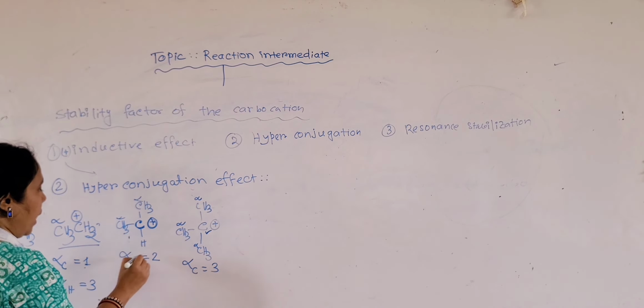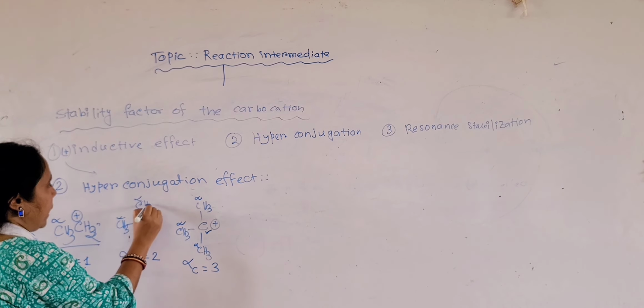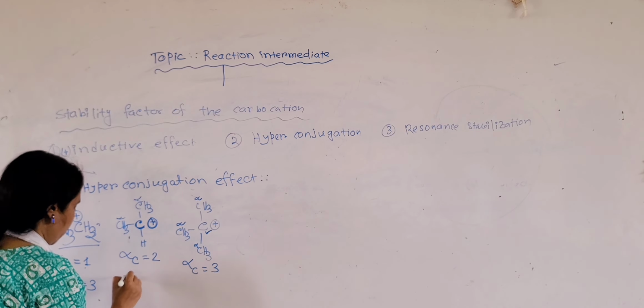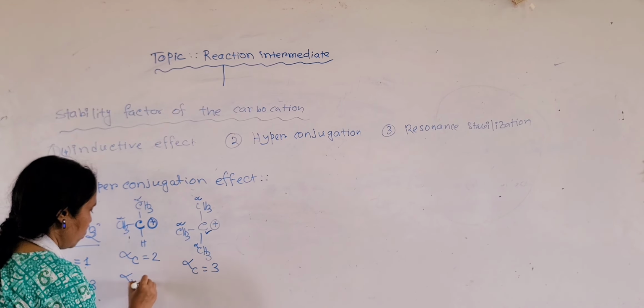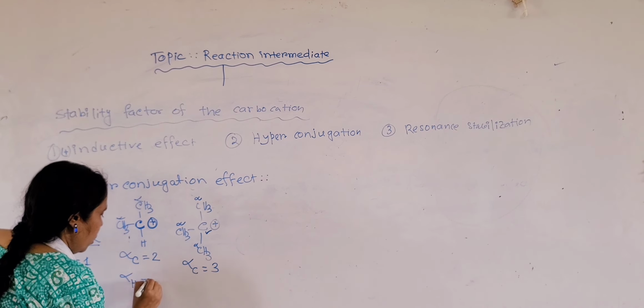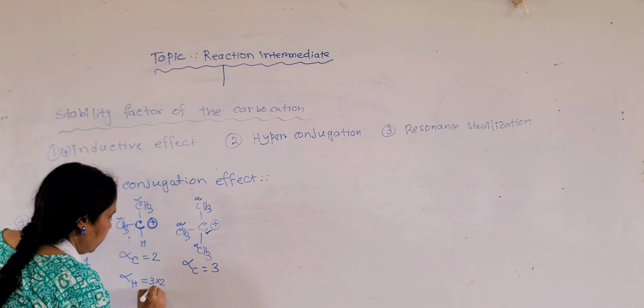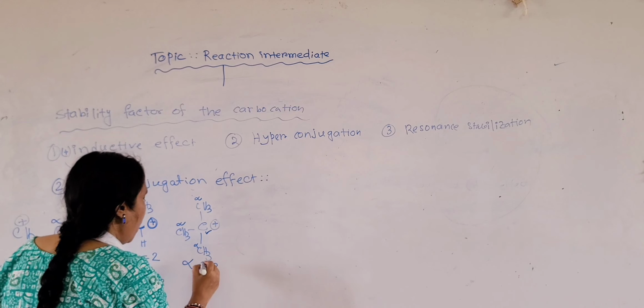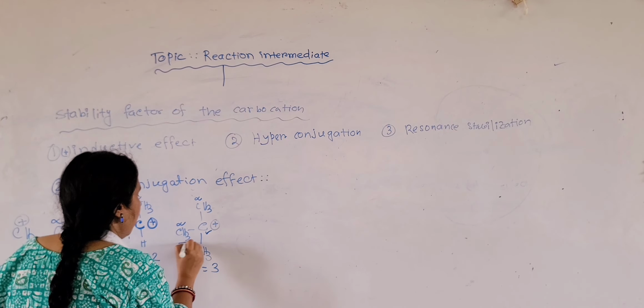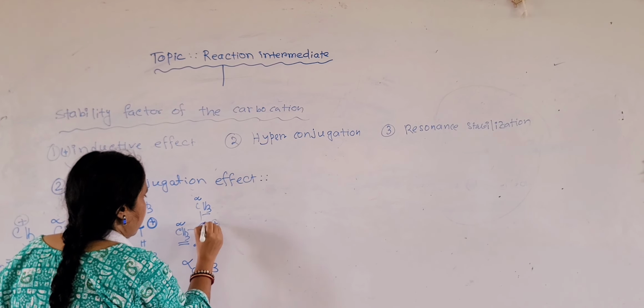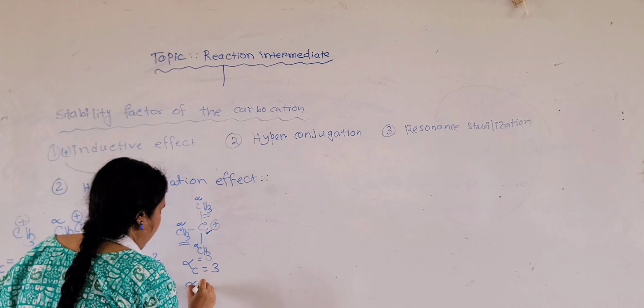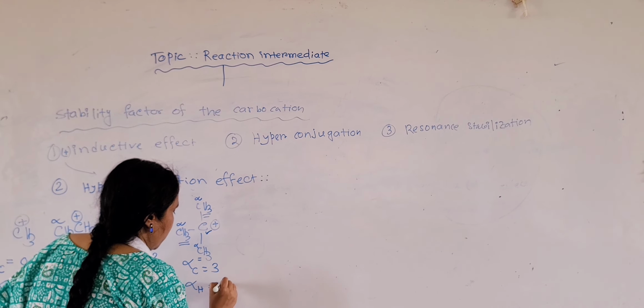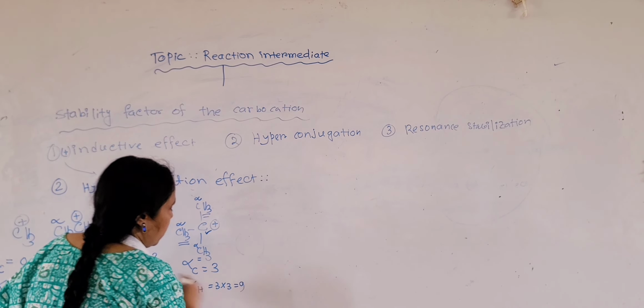Now here the alpha carbon count is 2, and both are attached to 3 alpha hydrogens, so 3 into 2, that is 6. Now here the alpha carbon count is 3, and each is a methyl group, so alpha hydrogen is 3 into 3, that is 9.